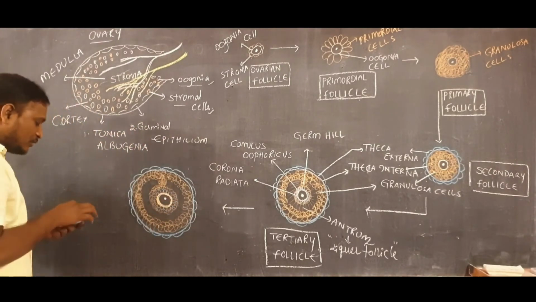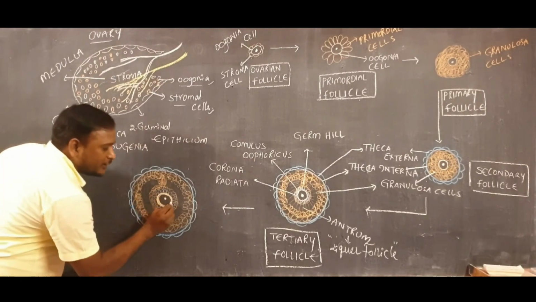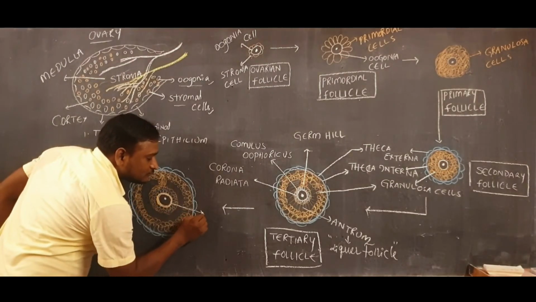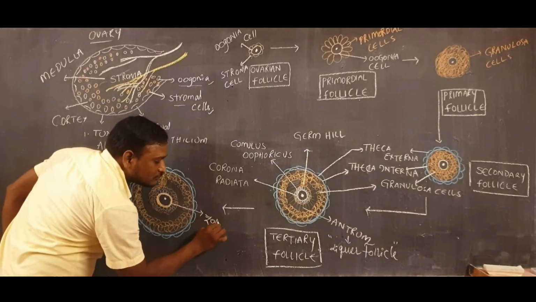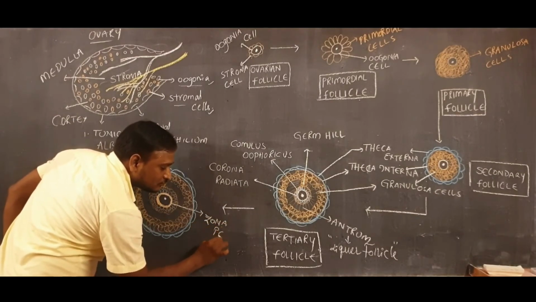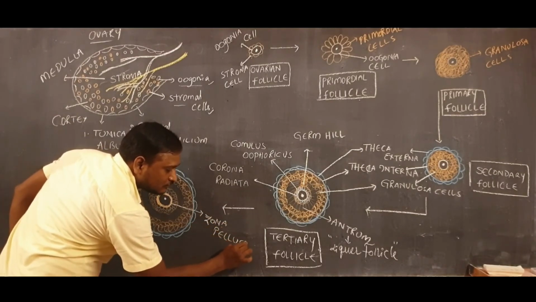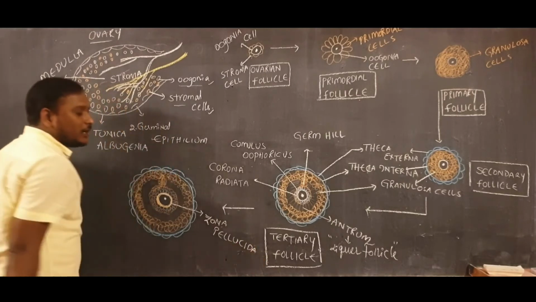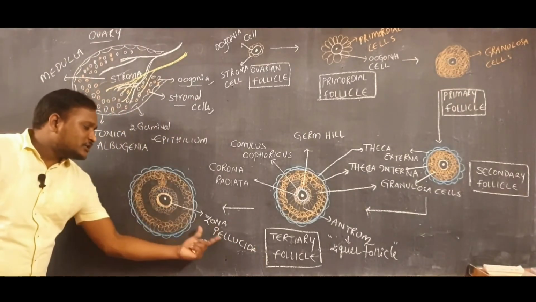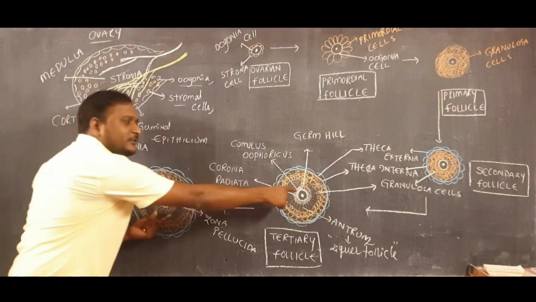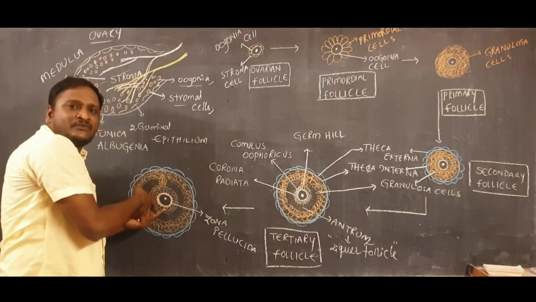Another layer will be produced by the help of corona radiata and female gamete. That layer is also called zona pellucida. So zona pellucida layer is present. That is the main difference between tertiary follicle and this Graafian follicle.